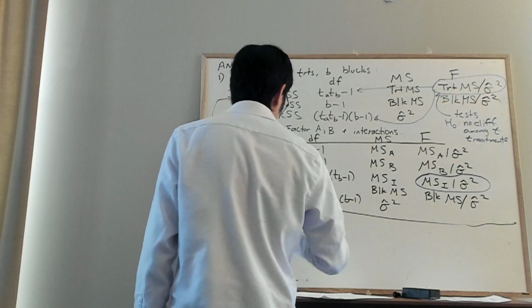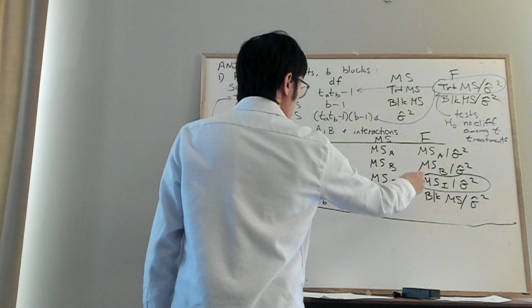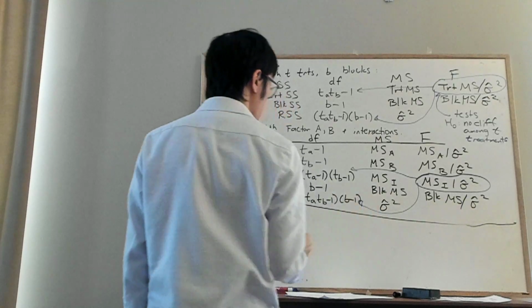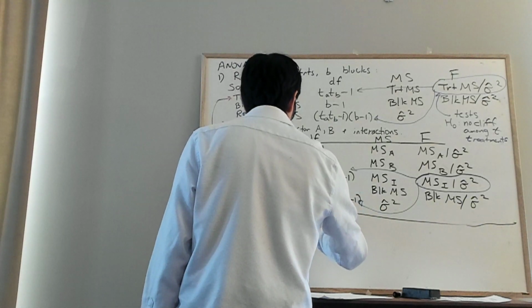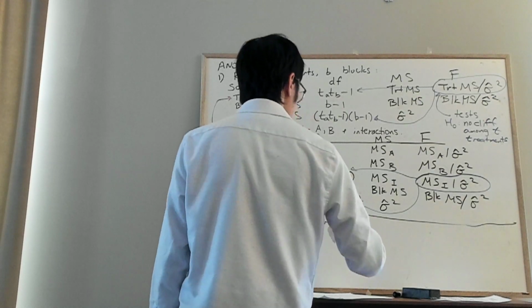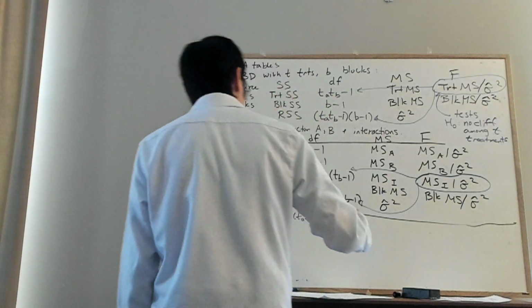Let me just write it out. The F distribution would have the corresponding degrees of freedom: T_A minus 1, T_B minus 1, and then the residual degrees of freedom.